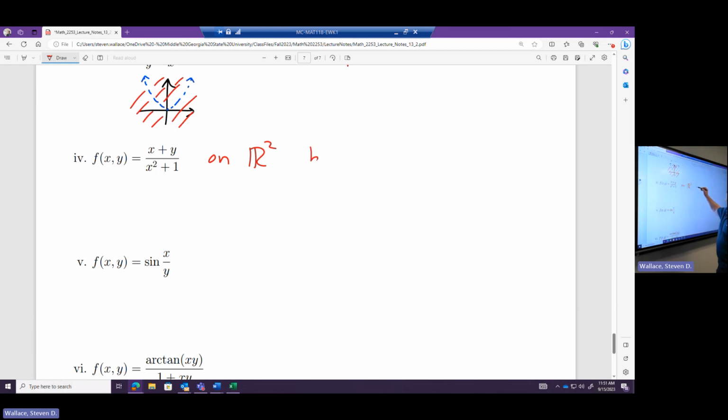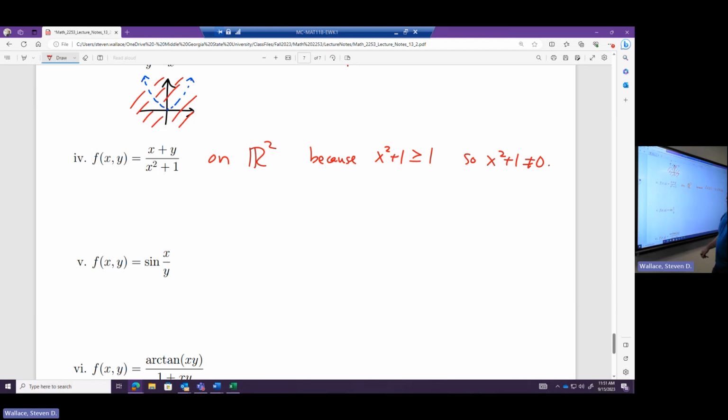This is because x squared plus 1 is always at least 1. So it's never 0. And there's really no restriction on y anyway.